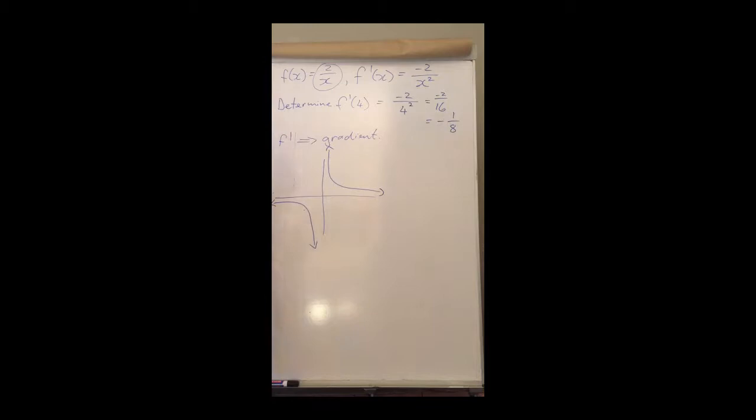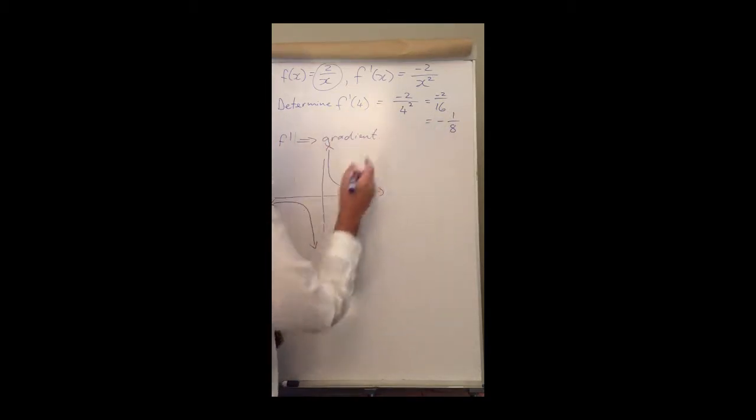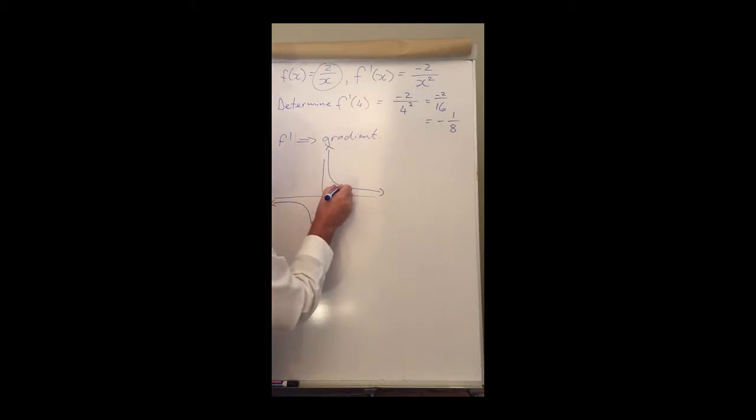Now, what happens here is the following. They say determine f dash 4, and we saw that the answer is minus 1 over 8. So say for instance 4 is over here, that point is a very special point that we can look at. This is the gradient of this hyperbola exactly at that point.